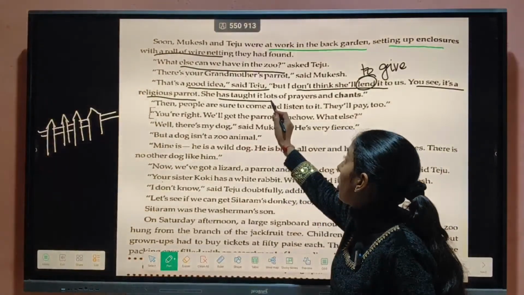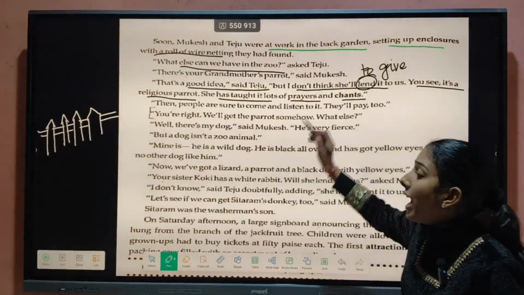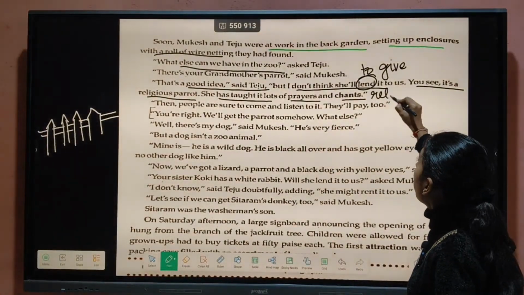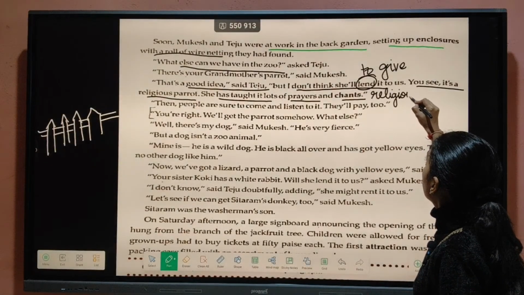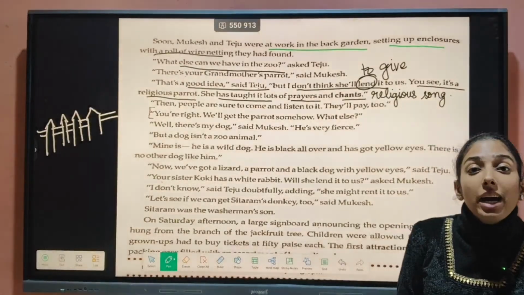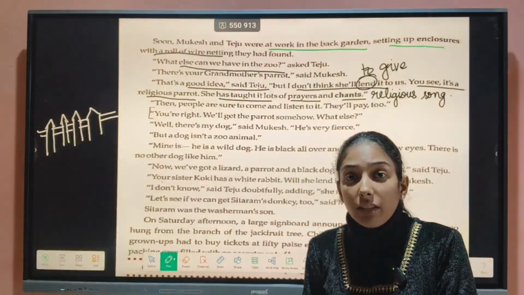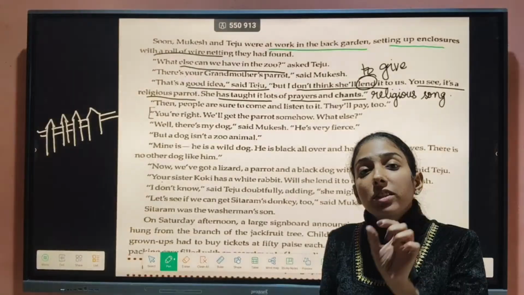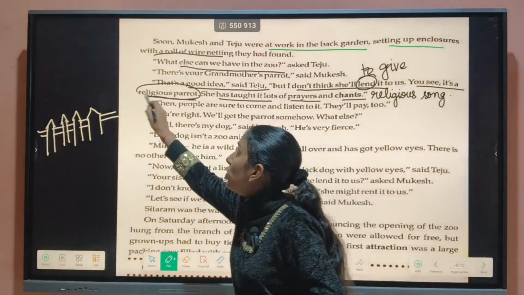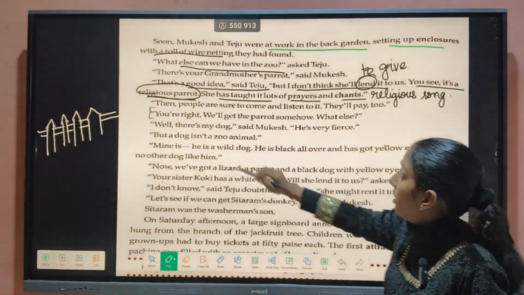She has taught it lots of prayers and chants. Okay, chants means religious songs. My granny has told that parrot to sing lot of religious prayers. That parrot is a religious parrot and she will not give that parrot to us.